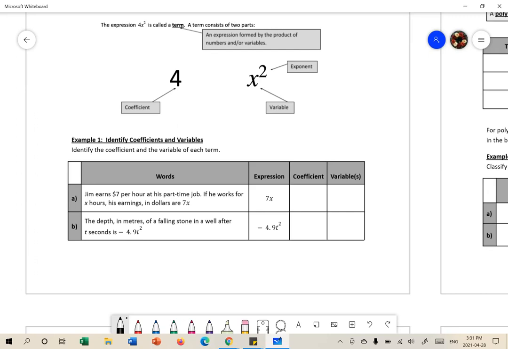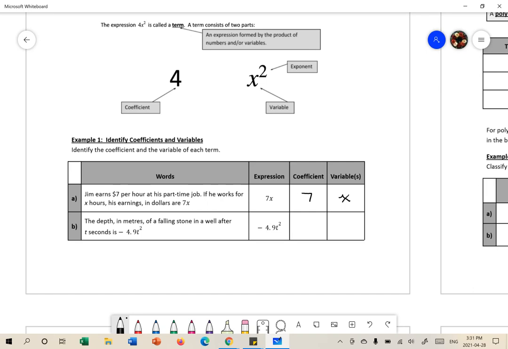If he works for x hours, his earnings in dollars are 7x. In algebraic form, the algebraic expression would be 7x. The coefficient of 7x is 7, and the variable is x.